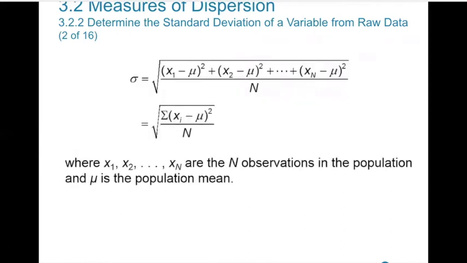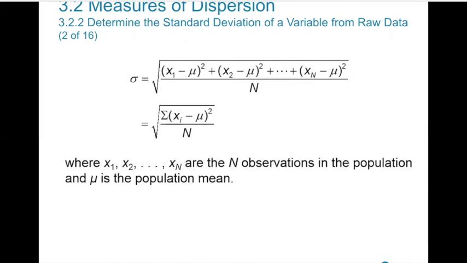This is what the formula looks like. Again, this is dependent on how many pieces of data you have. It's the piece of data minus the mean of the population squared. And you add that value together for all of the outcomes, all of the pieces of data that you have, divide it by the total number of pieces of data, and then take the square root.